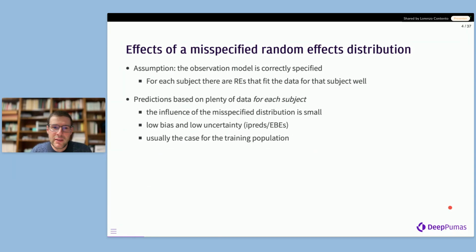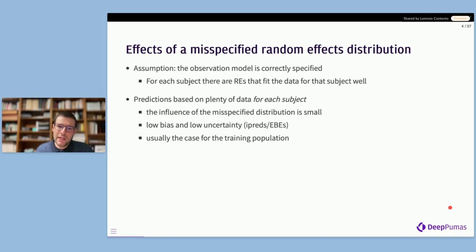that holds for the training population, because the training population is usually measured in a controlled setting in which for each subject we gather an amount of data that is sufficient to correctly estimate the empirical Bayes estimates for this subject.